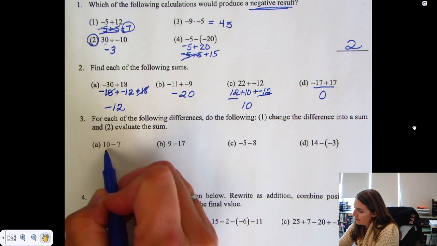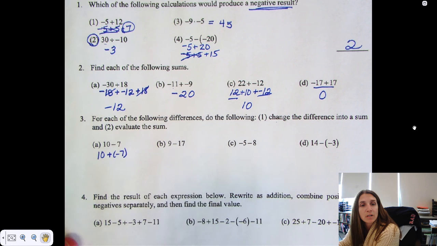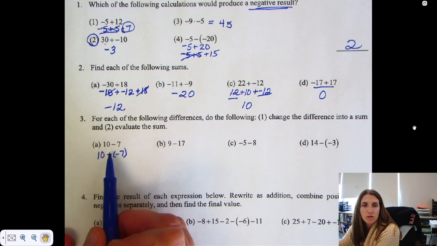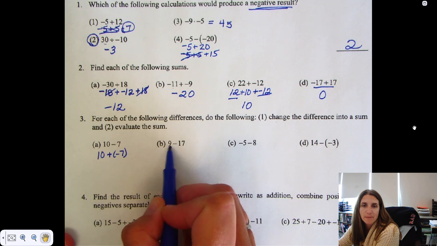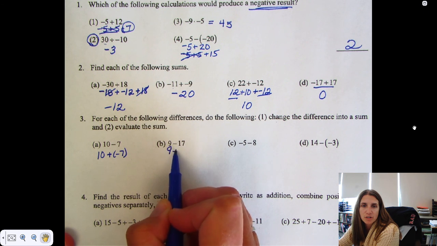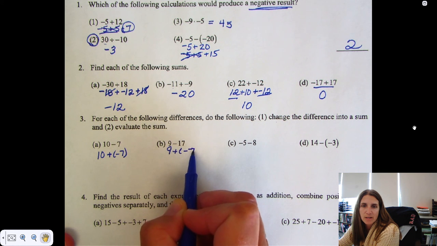So for A, we have 10 plus -7 when we change it. Keep, change, opposite. For B, we keep the 9, we change subtraction to addition, and the opposite of 17 is -17.